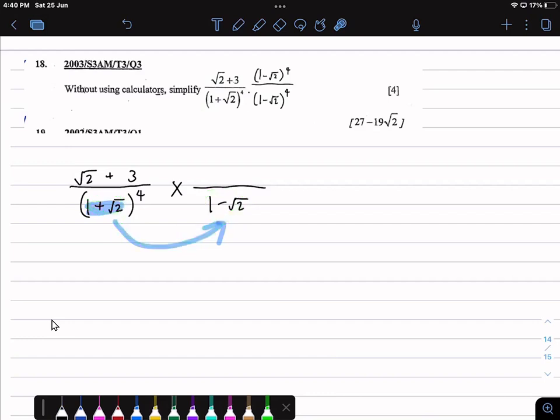However, you can think of this bracket with power 4 as a bouncer, a guard guarding a house. In order for 1 minus root 2 to gain entry, it has to go through this power 4, so you must also equip yourself with a power 4. Does it make sense?